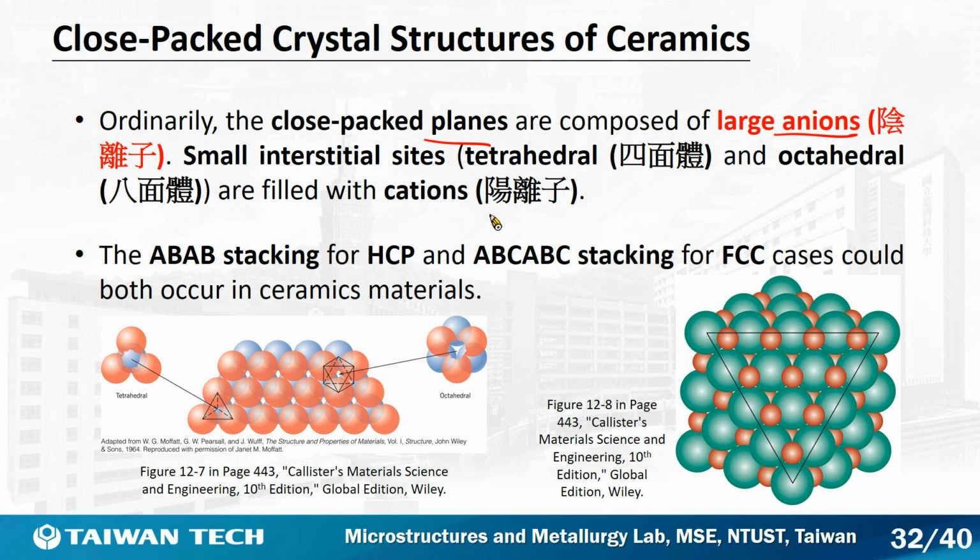And the cations will just fit into the interstitial sites, for example tetrahedral or octahedral sites. These are different sites. Also, AB-AB stacking sequence and ABC-ABC stacking sequence could both occur in ceramic materials.